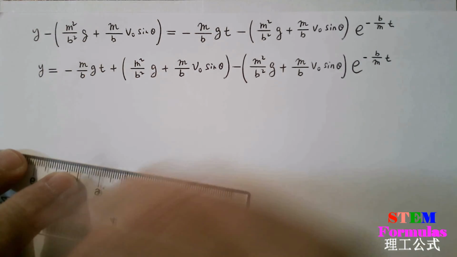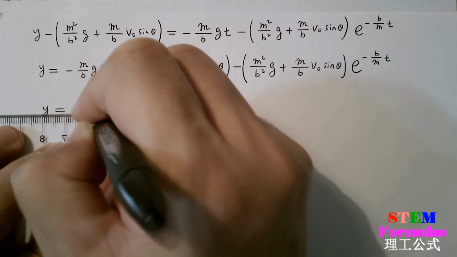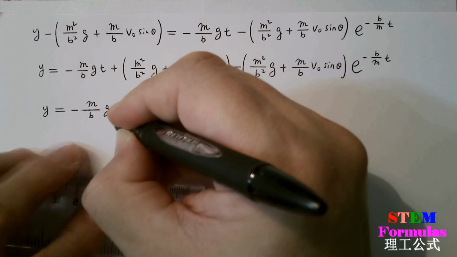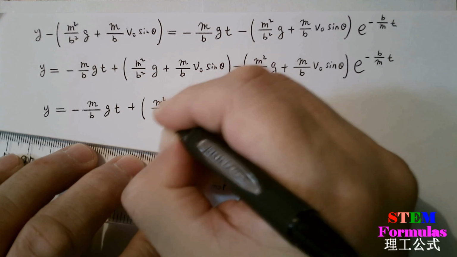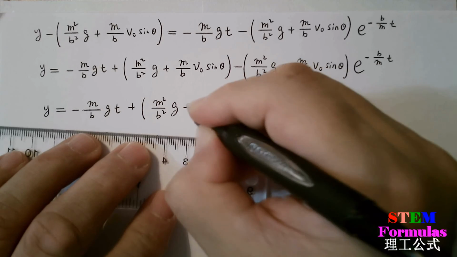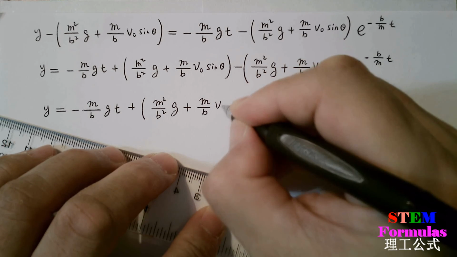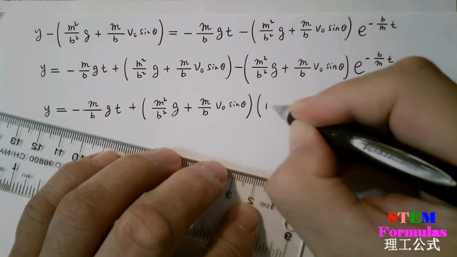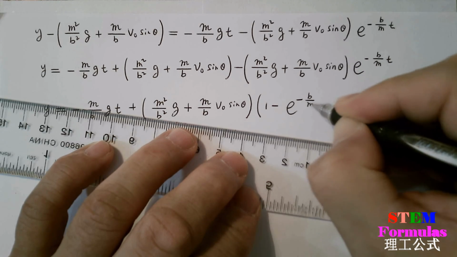We can also simplify the above equation as y equal minus m divided by b gt plus m square b square g plus m b v0 sine theta, times 1 minus e to the power minus b over m t.